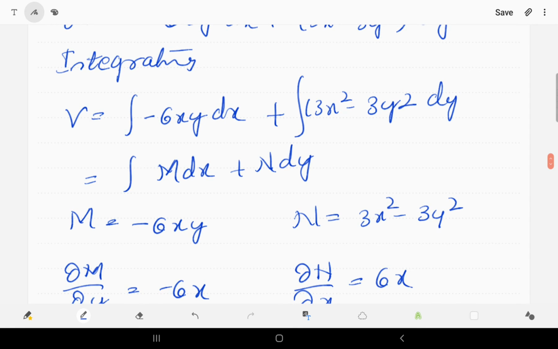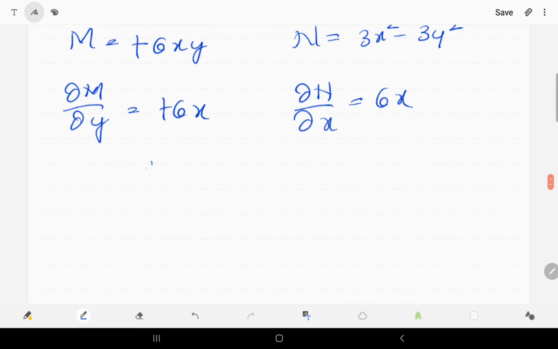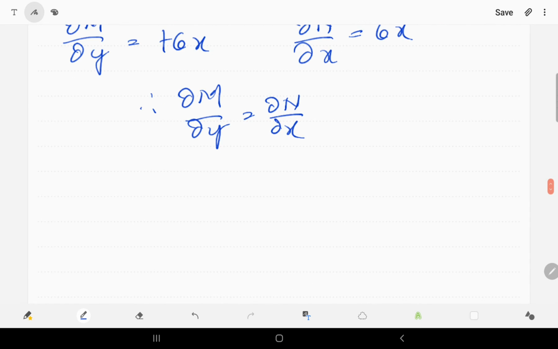See, after here it is minus of minus, it becomes plus. So similarly plus and plus, since therefore dou m by dou y is equal to dou n by dou x, therefore it is exact.